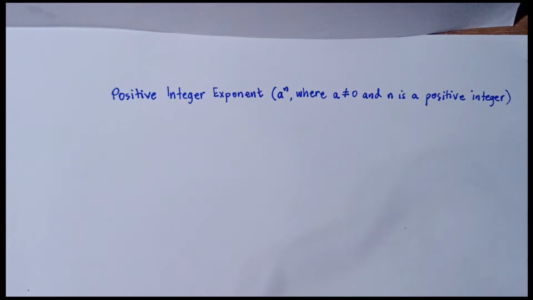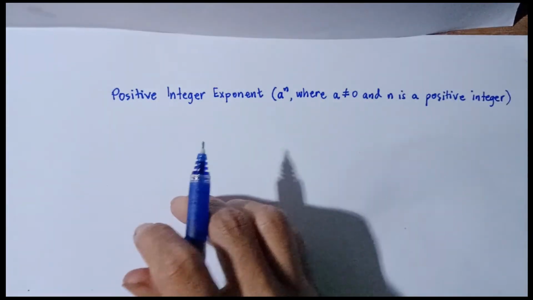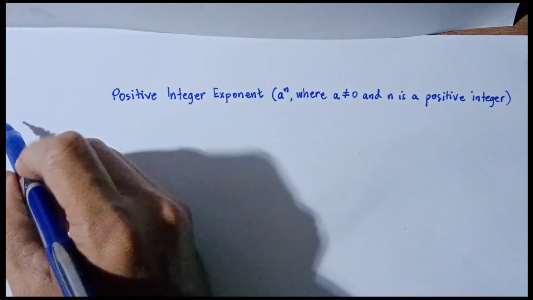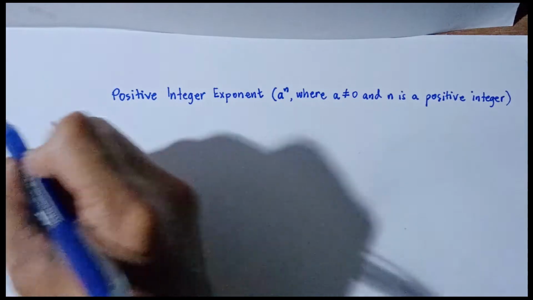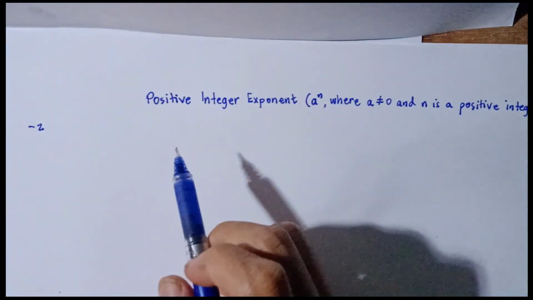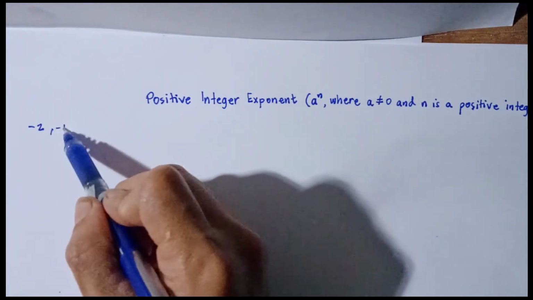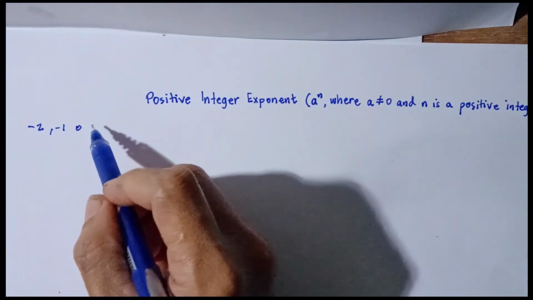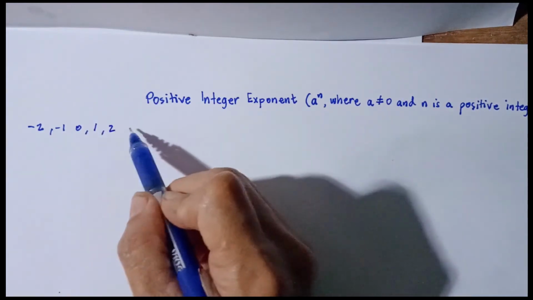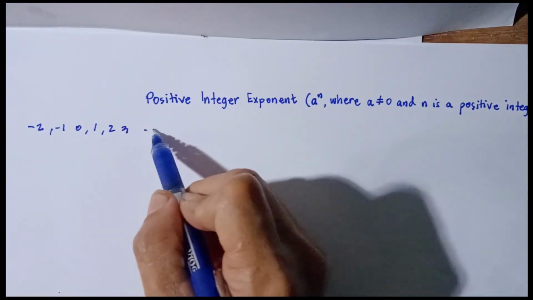I know that some of you don't know what integers are all about. Integers are, for example, negative 2, negative 1, 0, 1, 2, and 3, and so on and so forth.